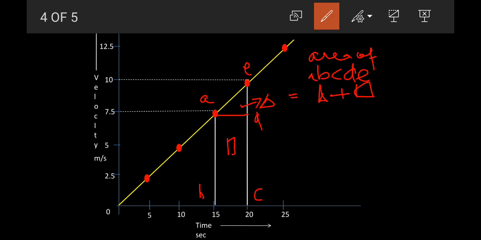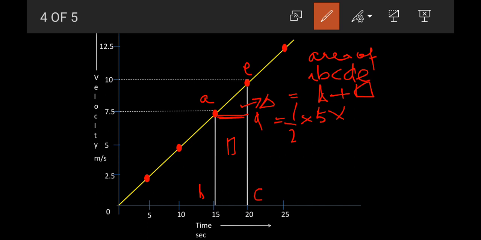What is area of triangle? Half into base into height. And area of rectangle, length into breadth. So if I do this, half into base. What is the base of this triangle? AD, this line. So this is nothing but 5. So half into 5 into height.